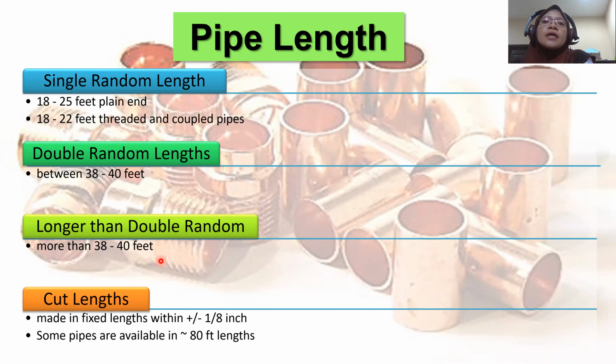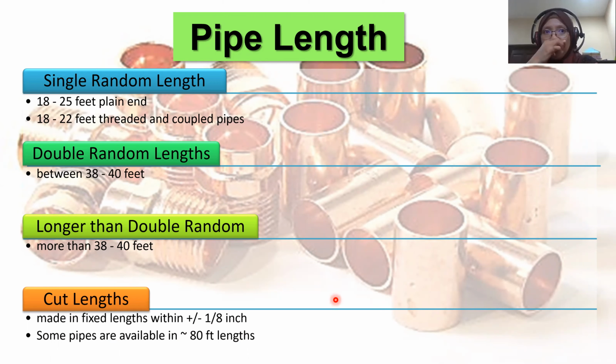Cut lengths are pipes made in fixed length within plus or minus 1/8 inch. But not all pipes are exactly cut to length, as they are more expensive.